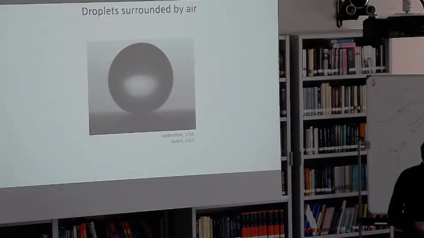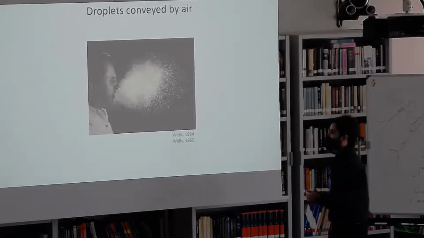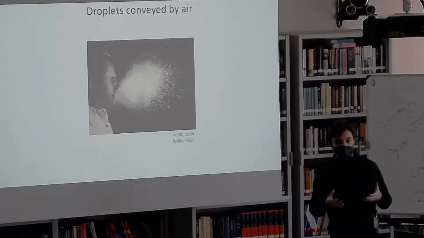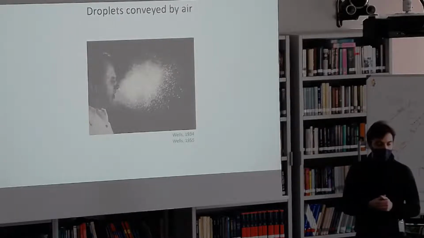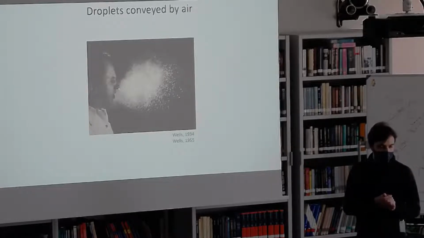And the second situation that I will discuss is also the fact that droplets by themselves are conveyed by air. So we know that on a windy day, rain droplets can be deviated by wind, but we can also find that in the context of a violent expiratory event like a cough here, as described by this picture from a book by Wells, by the fact that when we talk, we speak, we cough, we generate droplets, and we are very well aware of that now in the context of the pandemic.